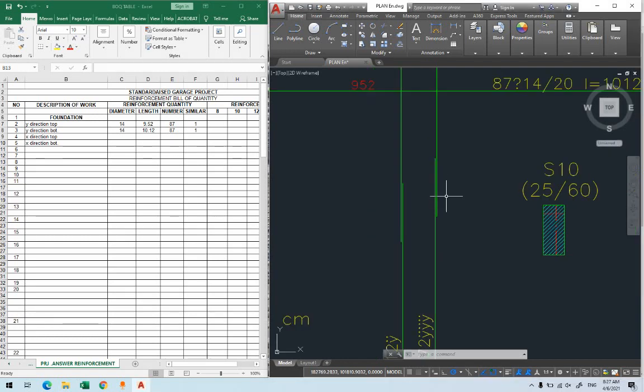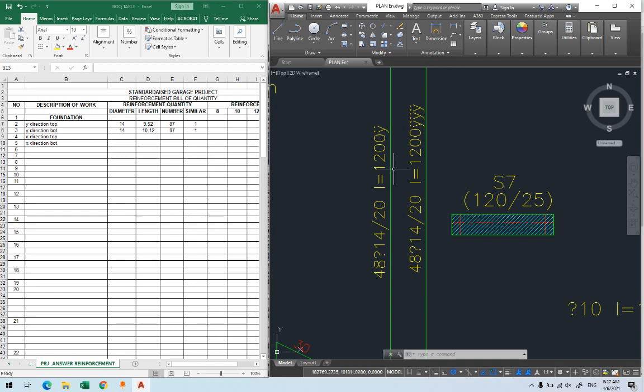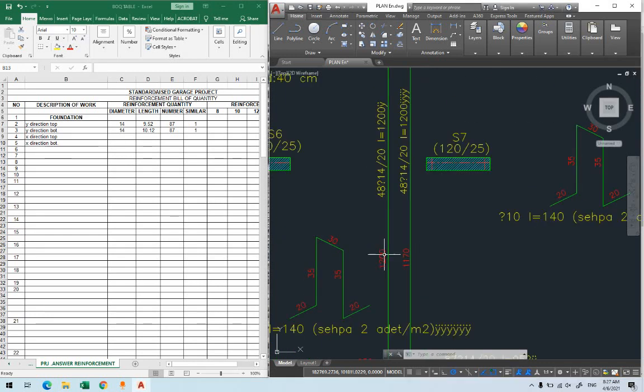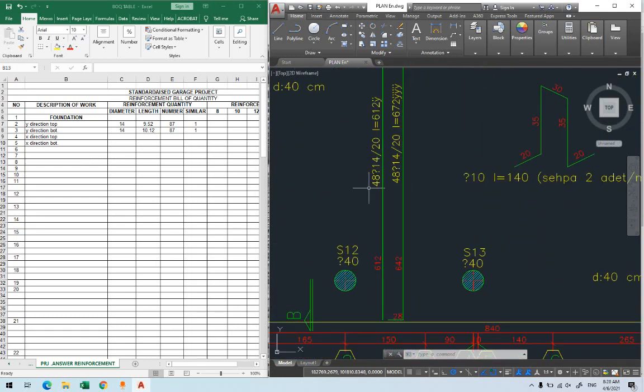So if you see here, the first part, it's 12 meter exactly. Look, how many of this do we have? 48 bars we have. Their size is 14. Just remember 48, 14, and the length of it 12. This is one part of it, yes. But because it's finished at 12, you have to add more. So the second part of it became what? Again it's the same number, 48 you have, but the length of it 6.12.